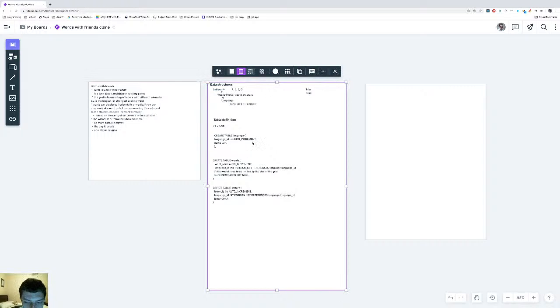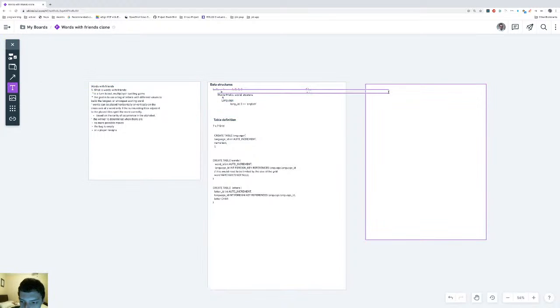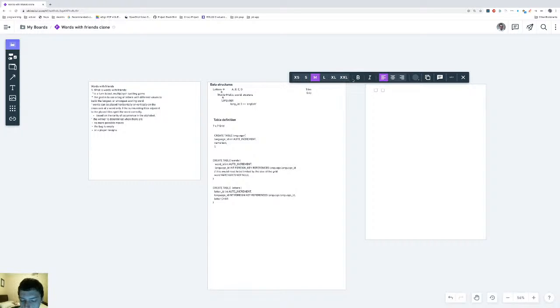So we would have to start. Let's just say we were starting up the app and we don't have a server involved with this yet. We're just going to work with database queries. So on startup, let's just say we've already created the user's account and we know that their language is English.